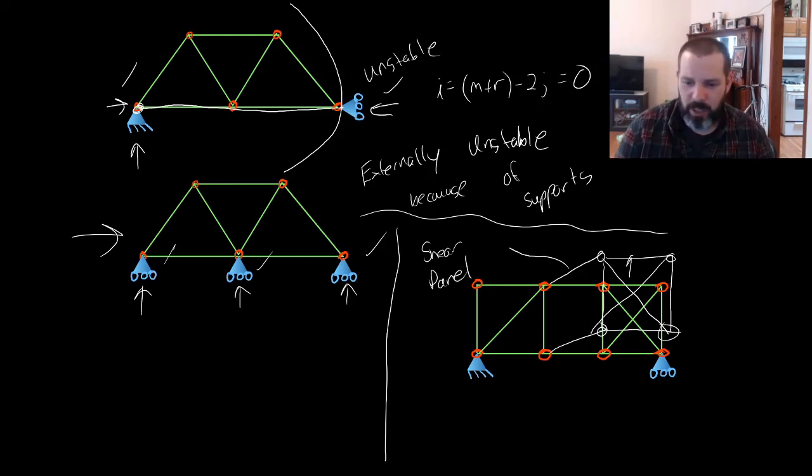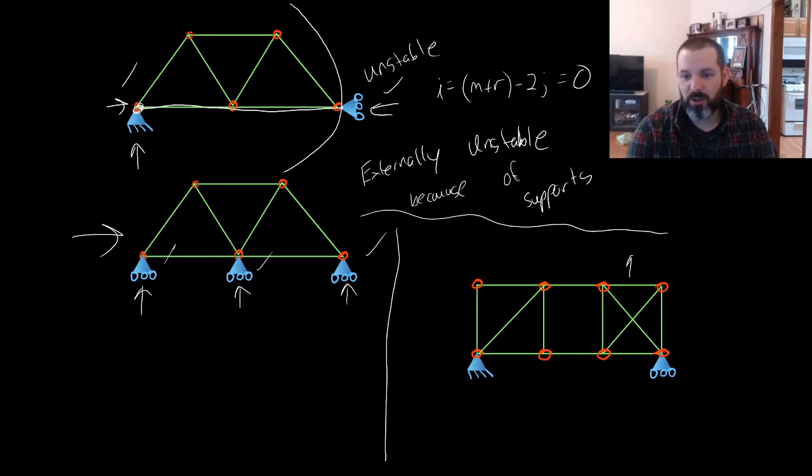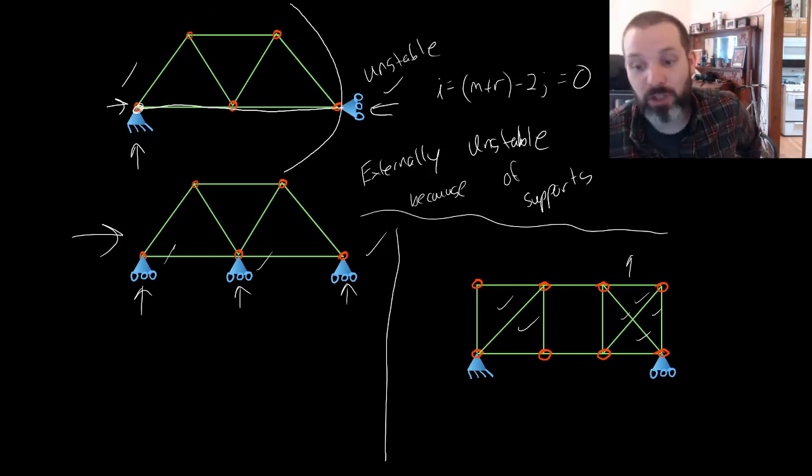Now, this is a little complicated, but the key to taking care of this is basically, if you have a truss and you don't see triangles, you have a problem. So you have a triangle here, you have a triangle here, you have 3 triangles here, and here you have a rectangle. You have a problem. You need to have closed triangles.